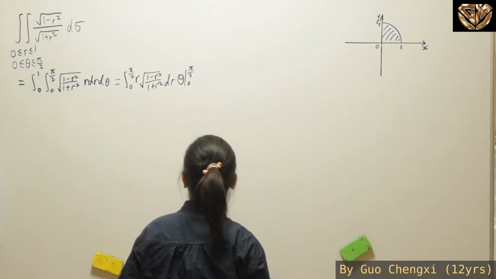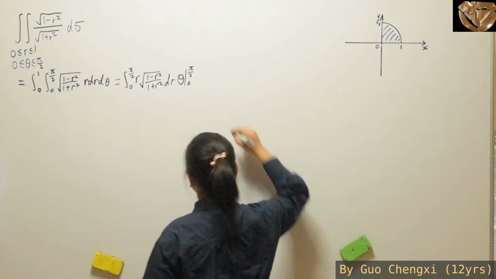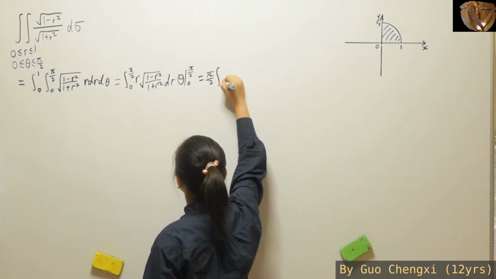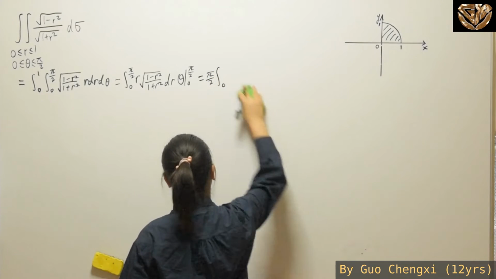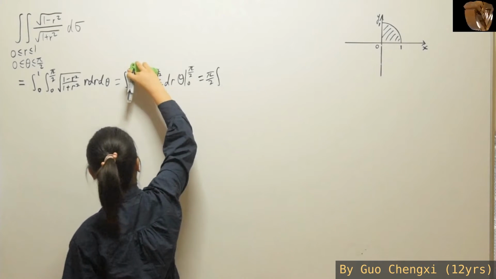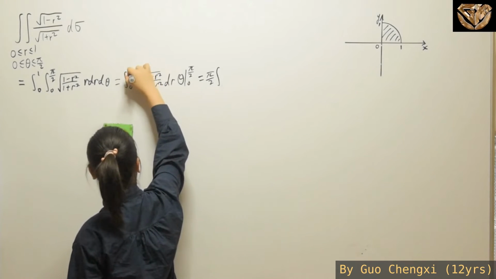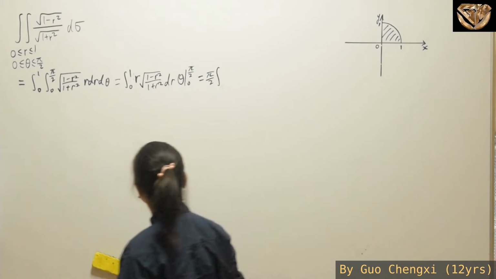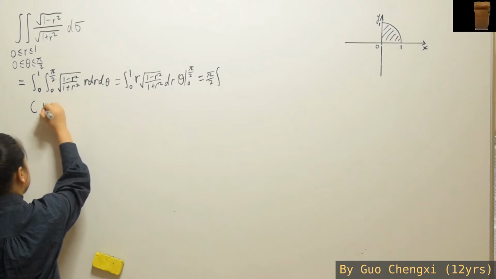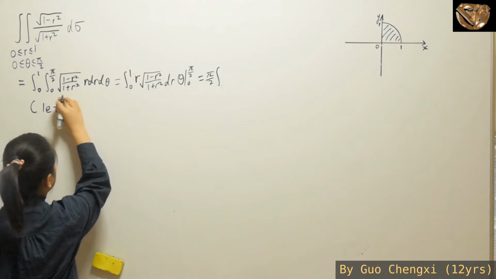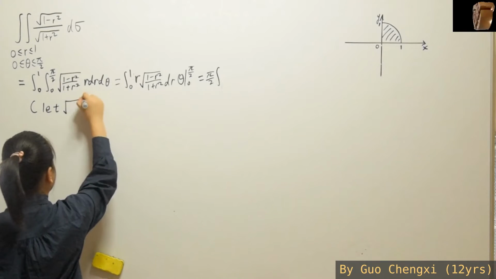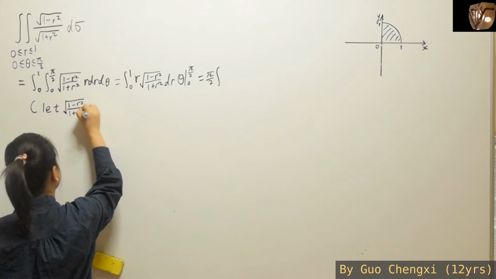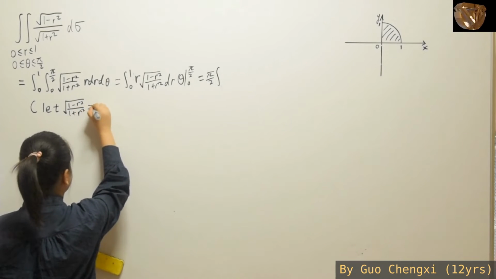Okay, so for this part, what are we supposed to do? We only know that there's a pi over 2 over here. So we are going to use substitution for this part, and we are going to let this whole part, square root of 1 minus r squared over 1 plus r squared, be equal to t.